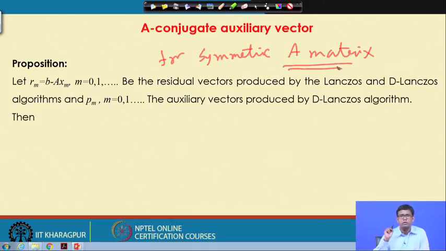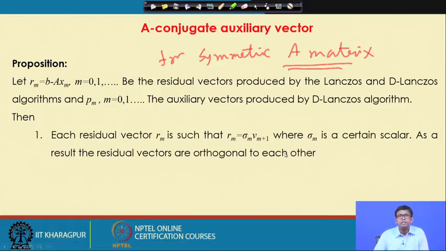This is important, it is only for symmetric matrices. And Pm, at different values of m, 0, 1, up to larger numbers, are the auxiliary vectors produced by the D-Lanczos algorithm. And then each residual vector Rm is such that Rm is equal to sigma m Vm plus 1, where sigma m is a certain scalar. As a result, the residual vectors are orthogonal to each other.